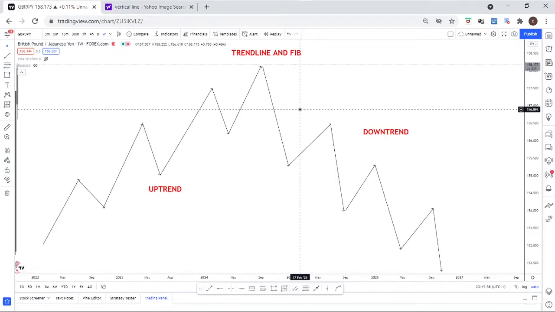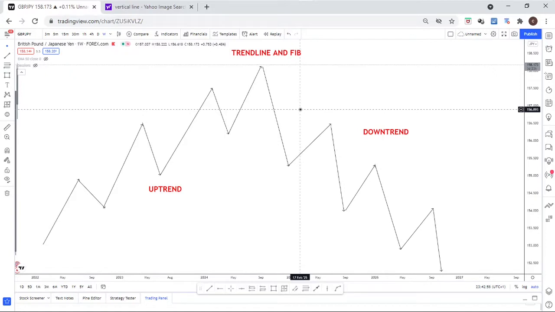In today's video, we're going to be taking our time to talk about how to apply your trend line and your Fibonacci retracement tool. As we've established before, the market is either going up, coming down, or moving sideways, as I've illustrated on the screen.